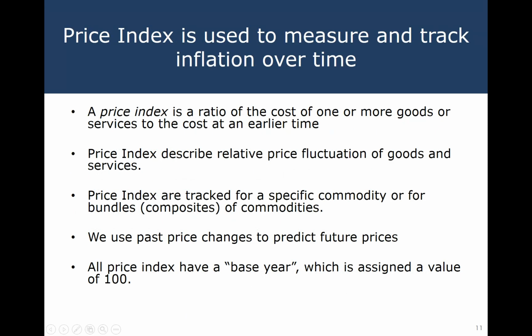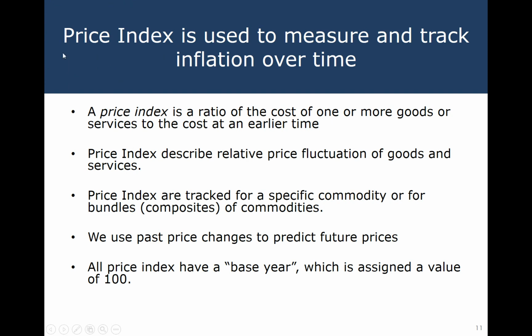The other concept is called the price index, and we use it to track inflation over time. Most governments have an organization to investigate the price index, because this affects consumers' behaviors.